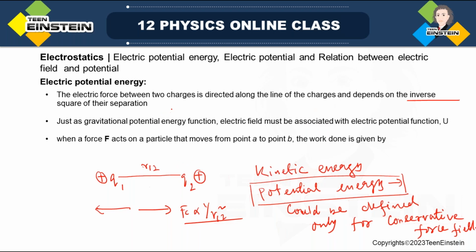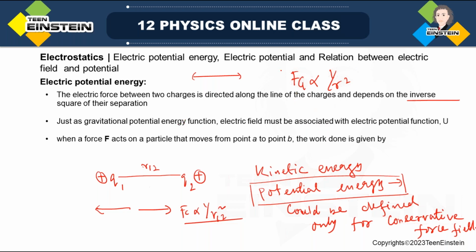So these two things are similar to the gravitational force field. Gravitational force also acts along the line joining the masses, and there also we have seen the force varies as the inverse square of their separation.